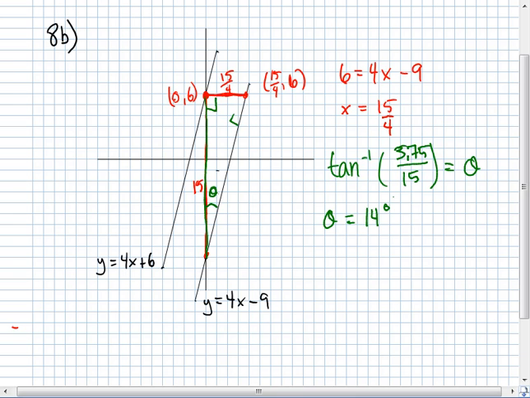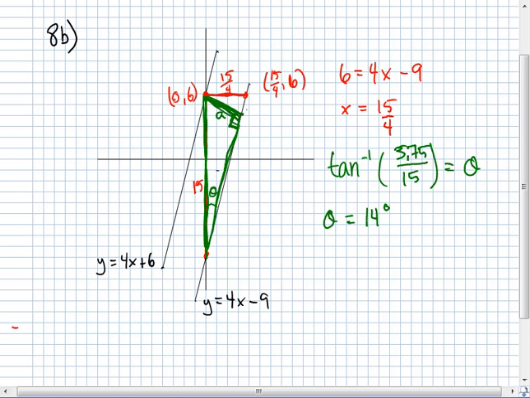So I know that. Now I can look at this smaller triangle there. I want to find, I'll call it A. Find this length here. This is the shortest distance between the two lines. Here's my right angle. I know the hypotenuse is 15.